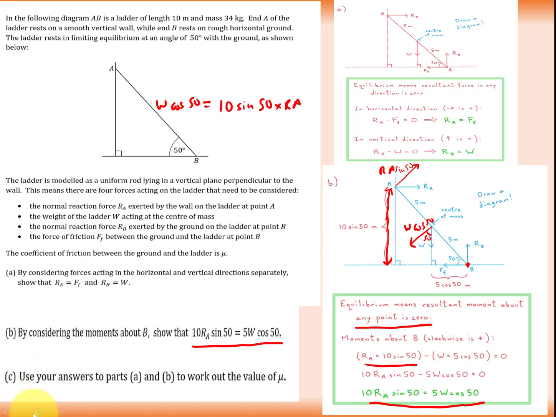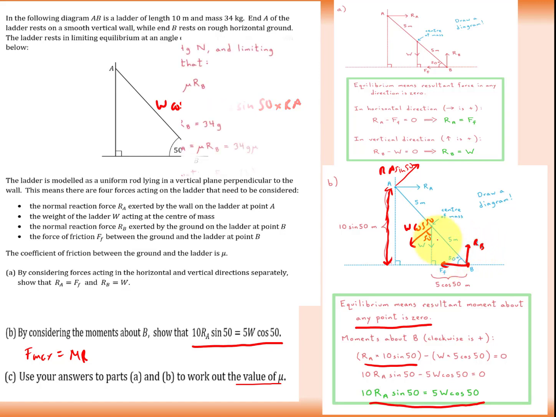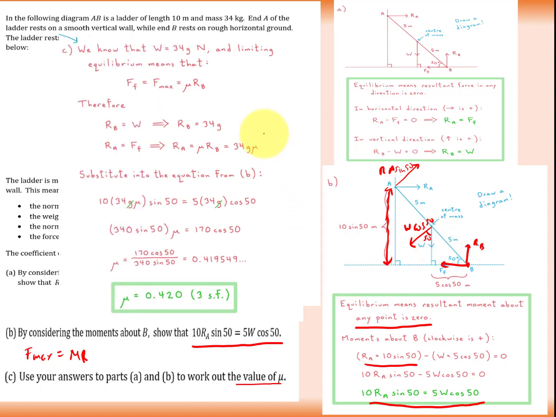Okay, so it says use our answers from part A and B to work out the value of mu. So remember, F max equals mu R. So in this case, that's our FF, and our normal reaction is RB. Okay, so it's going to be easier to work through that.